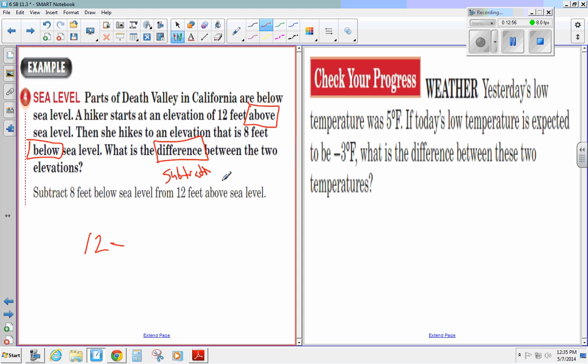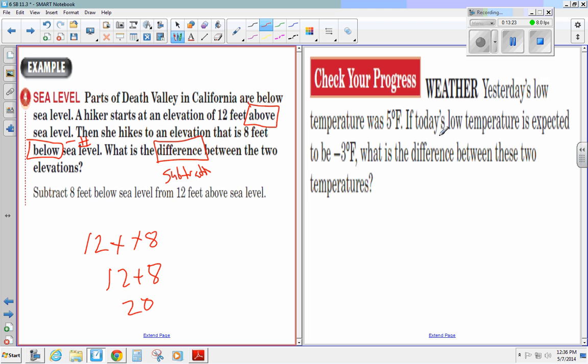Below sea level means a negative number. So that's 12 minus, for the difference, minus 8 feet below. So minus a minus changes to 12 plus 8, which is 20.